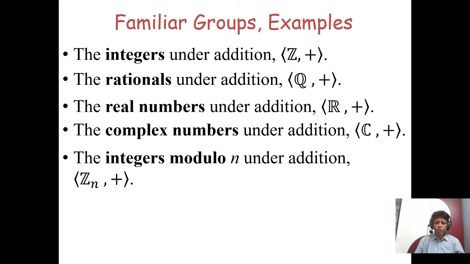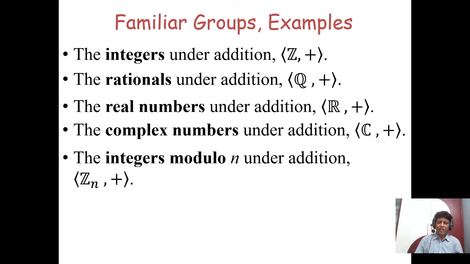So we don't need to state the closure property separately, because if you are talking about a binary operation, it should be closed. So integers with respect to addition must follow the associative property. For identity, 0 is the additive identity in the integers, because if you add 0 to any element, it gives you that element only.